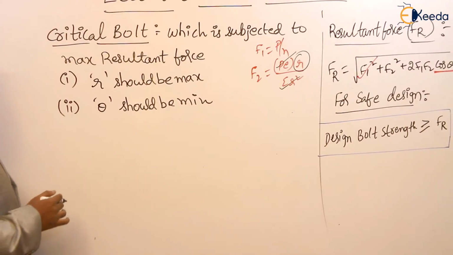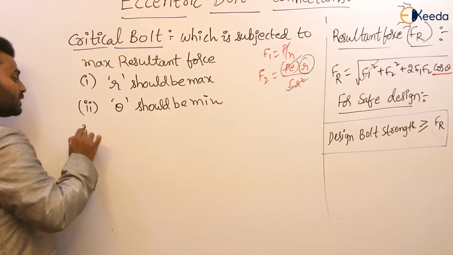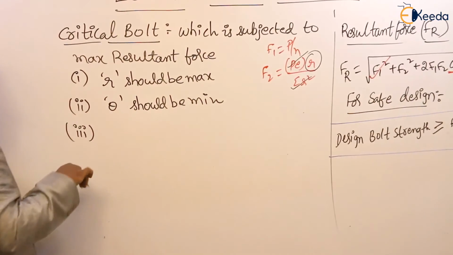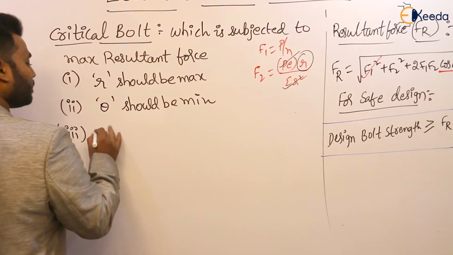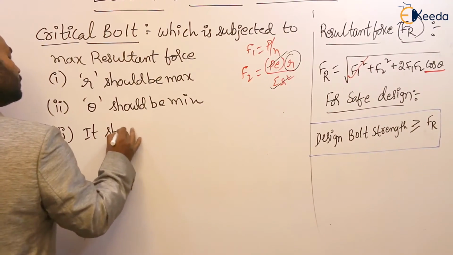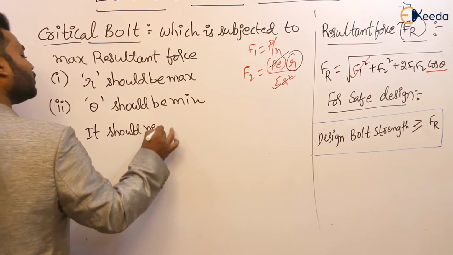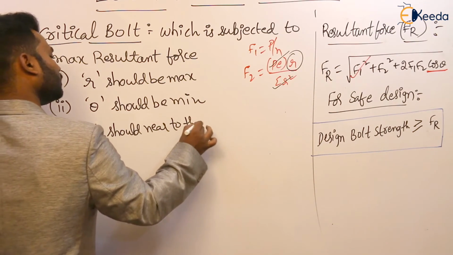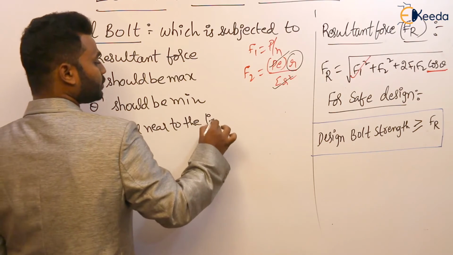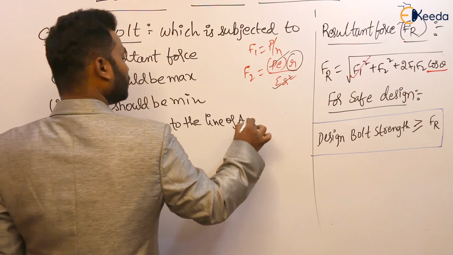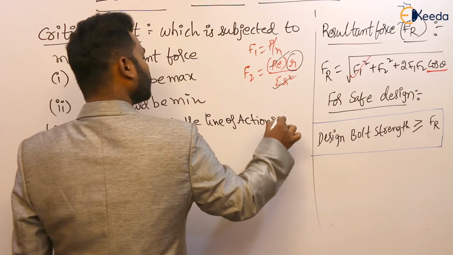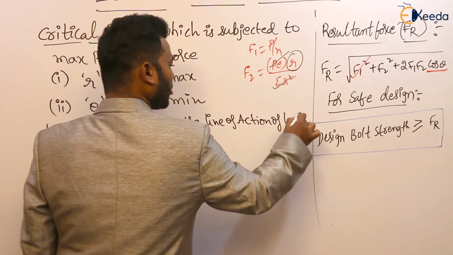Agree? So these are the two conditions, and one more condition for a bolt to be considered critical is that it should be near the line of action of the load or force, whatever it may be.